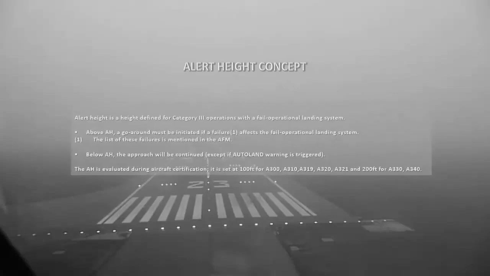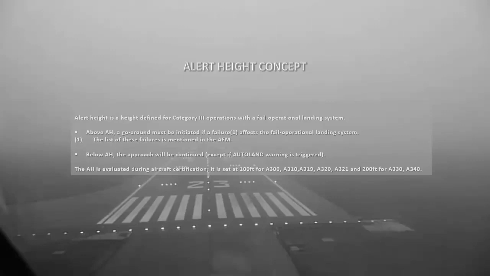Alert height is a height defined for Category 3 operations with a fail-operational landing system. Above alert height, a go-around must be initiated if a failure affects the fail-operational landing system. The list of these failures is mentioned in the aircraft flight manual.